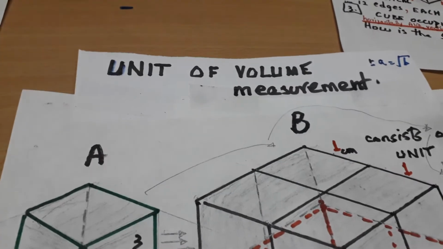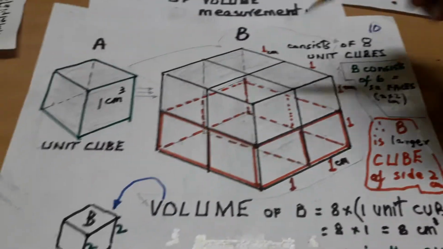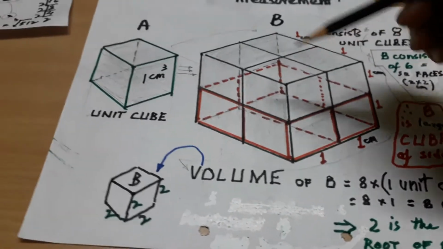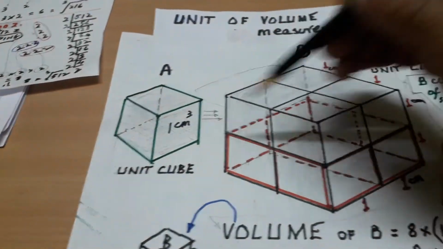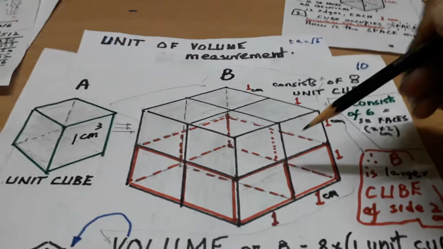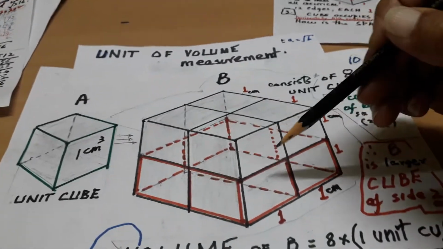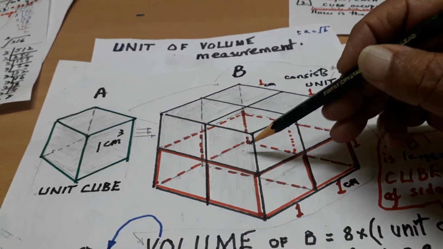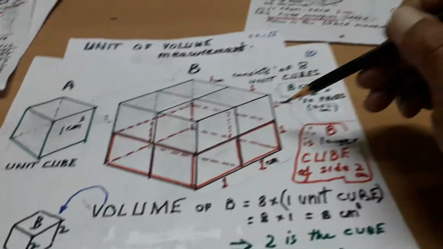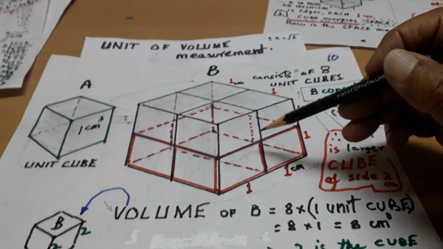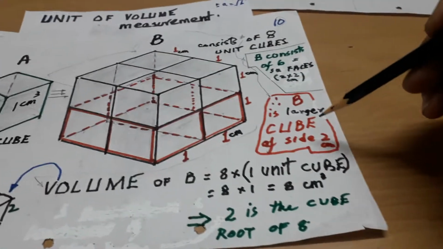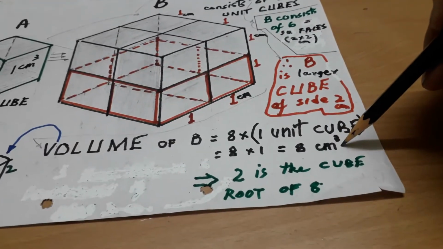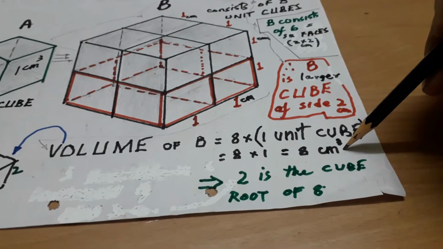Look at this, unit of volume measurement. Same thing here. If you took 8 of these, this is what you would get, and assemble them. This doesn't look like a cube. Figure is not accurate. These are right angles. So there'll be 8 such cubes. So the volume of this is 8 into the volume occupied by 1 cube, which is 8.